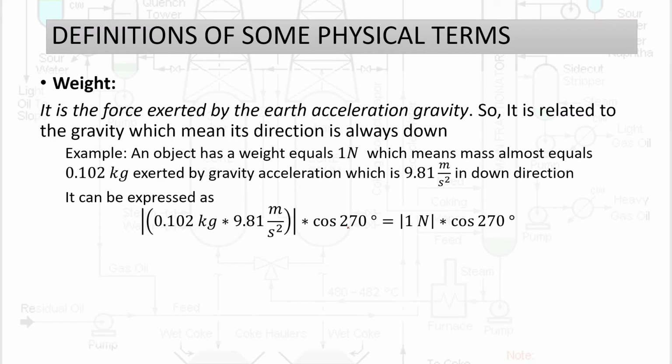I can express it in a mathematical way as 0.102 kilogram multiplied by 9.81 meter per second square, all of them absolute values as magnitudes, multiplied by the cosine of 270 degrees. So this multiplication gives me 1 Newton, multiplied by cosine 270 degrees.